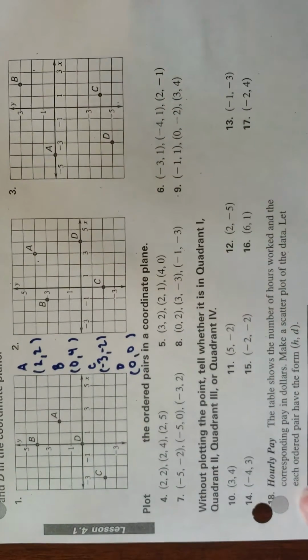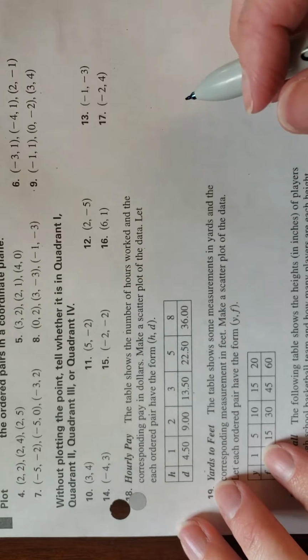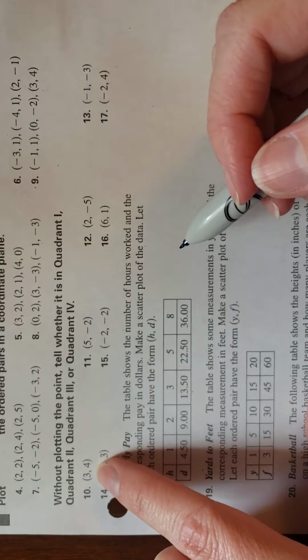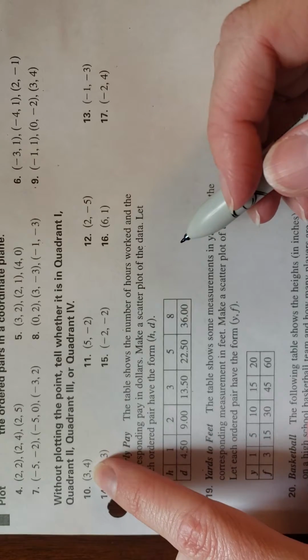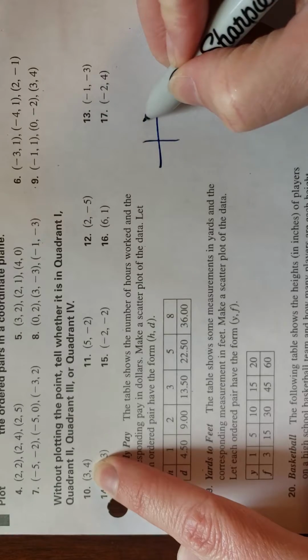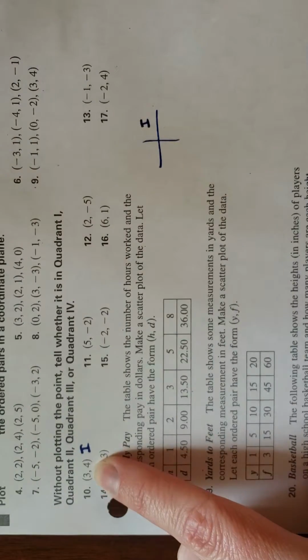Okay, for the next section, it says, without plotting the point, tell whether it's in quadrant 1, 2, 3, or 4. First of all, please remember to write your solutions in Roman numerals. So here I have a combination of 2 positive numbers. So in a coordinate plane, I'm going to go right and up. Remember, that's quadrant 1. Let's try a different one.